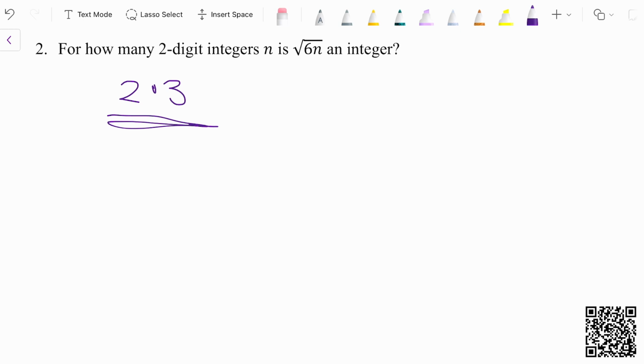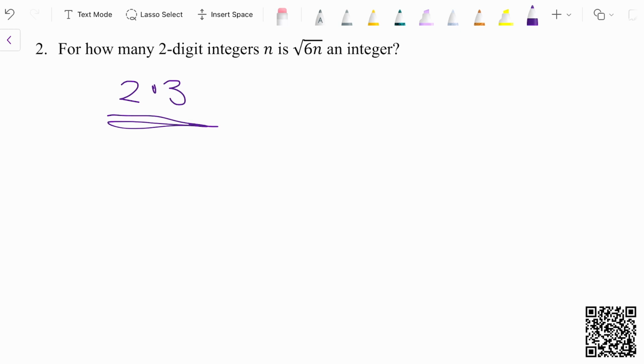So this is just the basics of n, but we can build on those basics to create 2-digit integers. The number that we're adding on to the 6 has to be a perfect square, so we can take it out altogether.